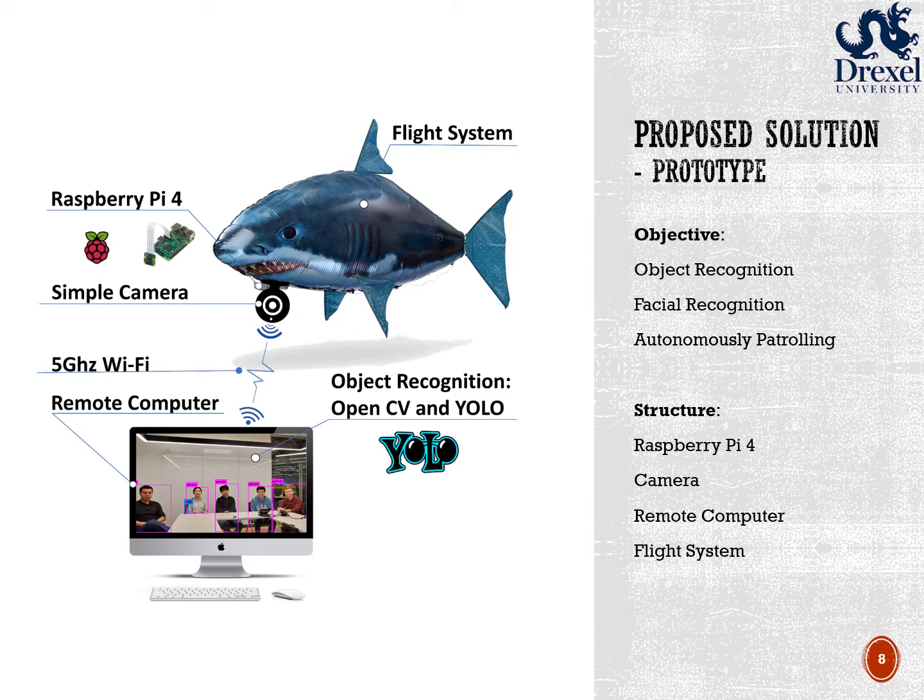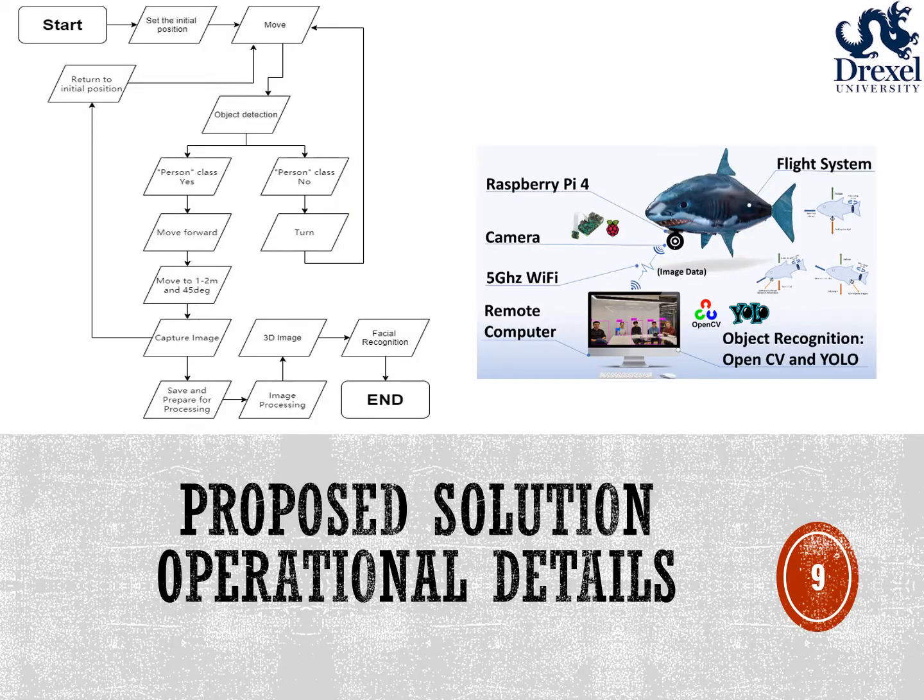The flight system is an existing product made of a helium foil balloon and has a remote control that uses the infrared communication to navigate the balloon. The Raspberry Pi 4 was chosen because it has an integrated Wi-Fi and extra port for future expansion.